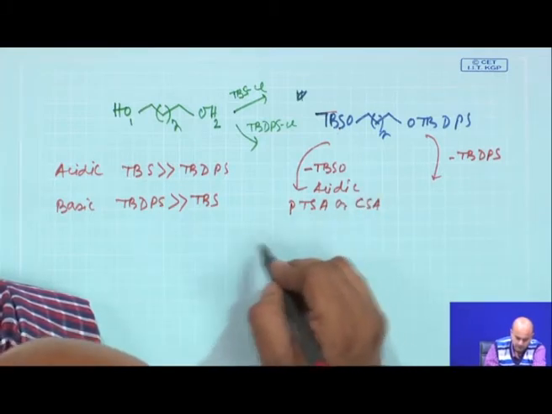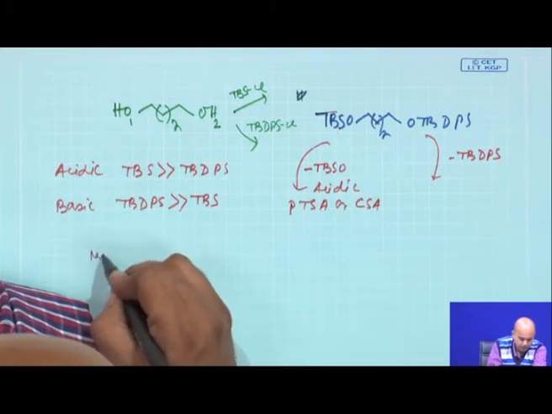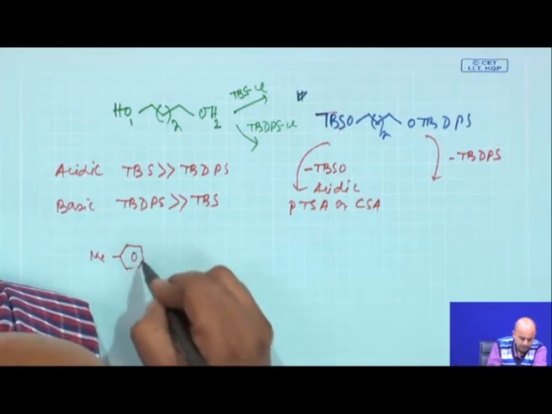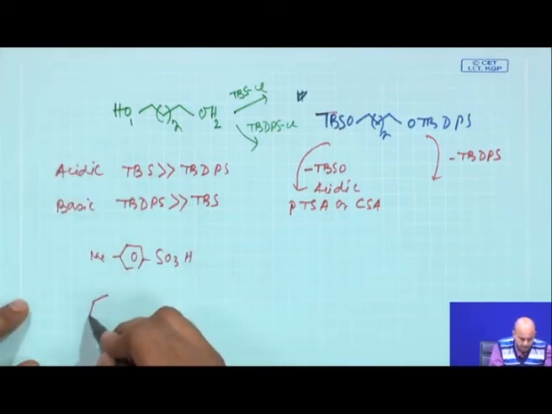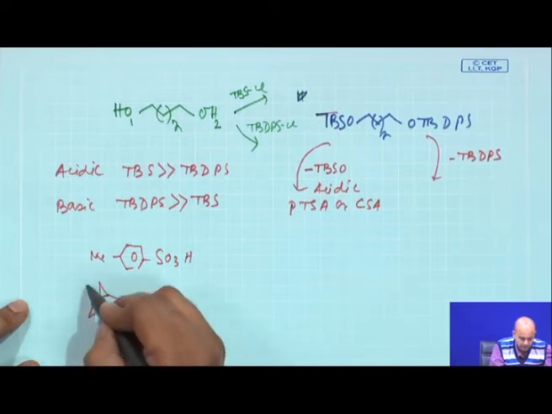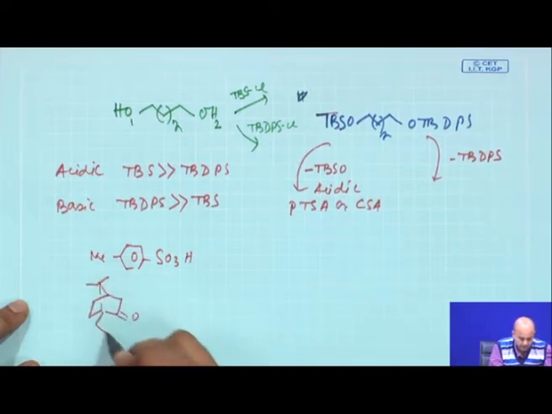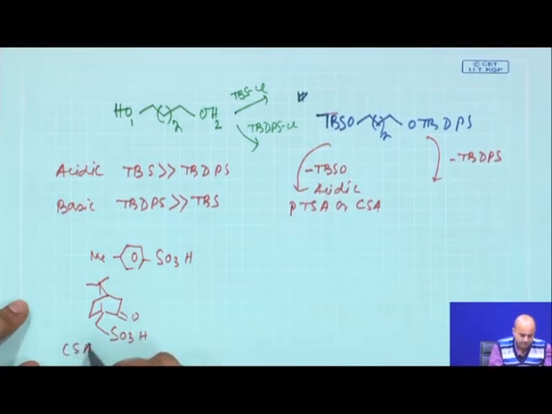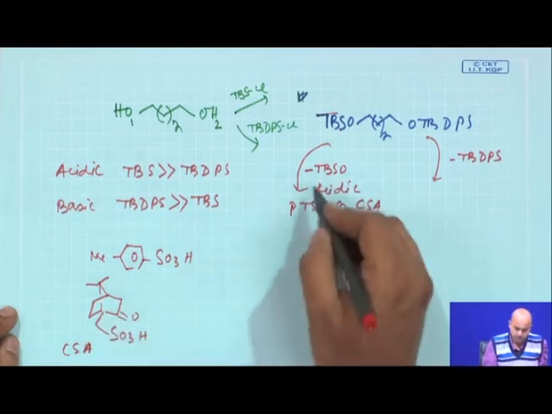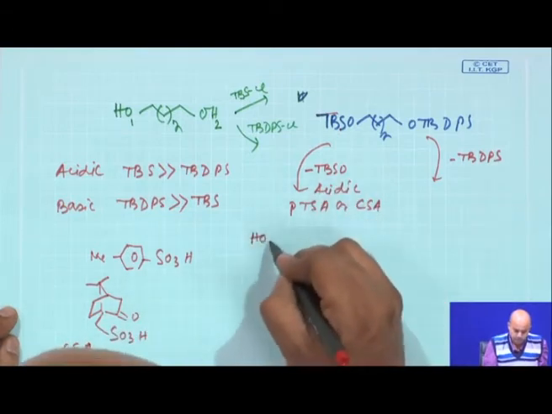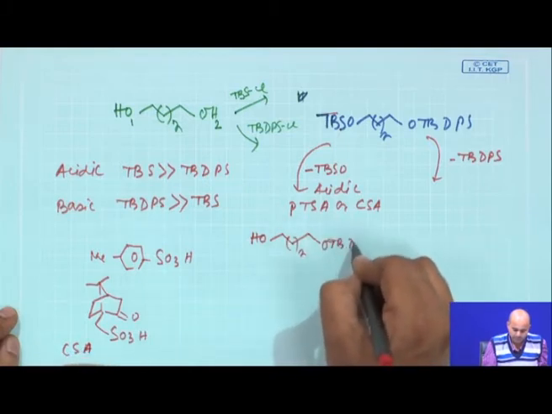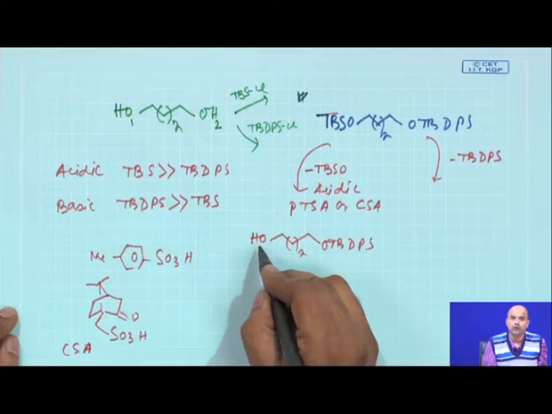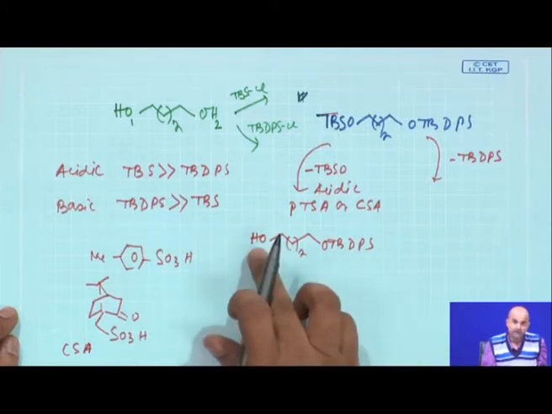Now, PTSA, all of you know the structure, has SO3H. Camphor sulfonic acid, CSA, is a similar kind of sulfonic acid with an SO3H group. This compound can be selectively used to remove the TBS group. So, now you have the OTBDPS, and you can selectively do whatever reaction you want on this end.